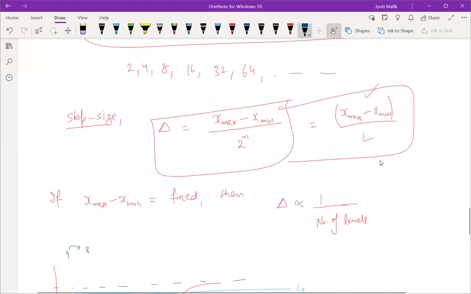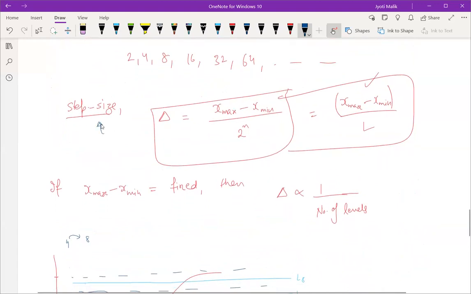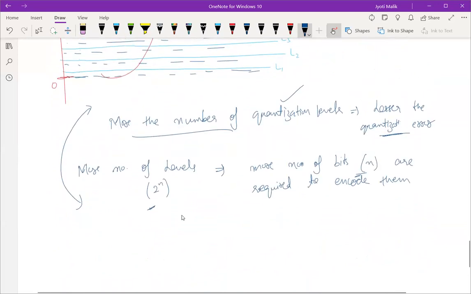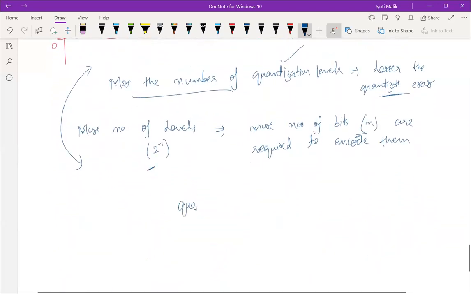Here, the important terms: the step size is important. And what can be the maximum and minimum value of the quantization error? The step size is x max minus x min divided by the number of levels. Delta by 2, from minus delta by 2 to delta by 2.